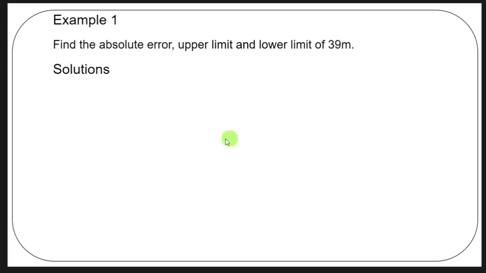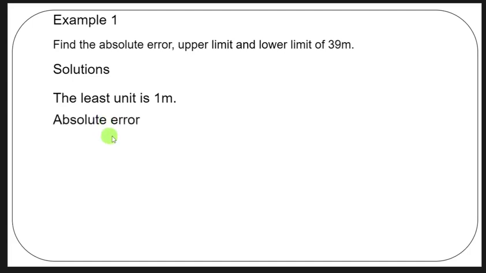So that becomes the least unit of the measurement. So we are going to say the least unit is 1 meter of the apparatus that is going to measure this. Then now we can calculate the absolute error.